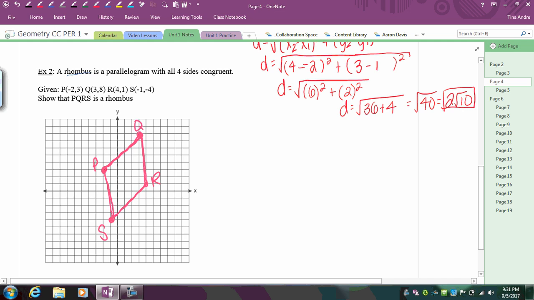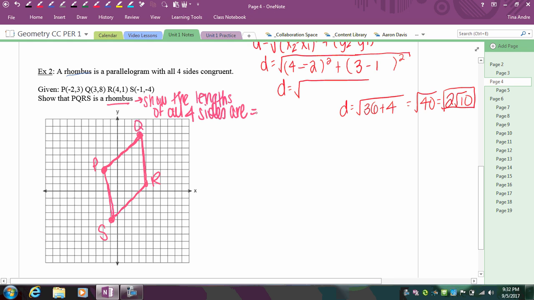So if we're trying to show that we have a rhombus, that means you need to find the length of all 4 sides, and they should be equal. So you're going to show the lengths of all 4 sides are equal.